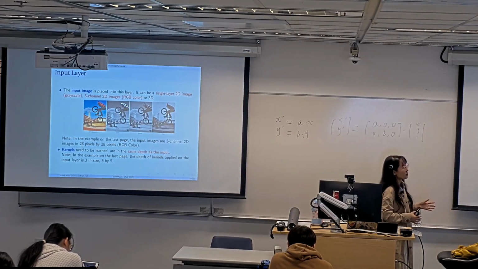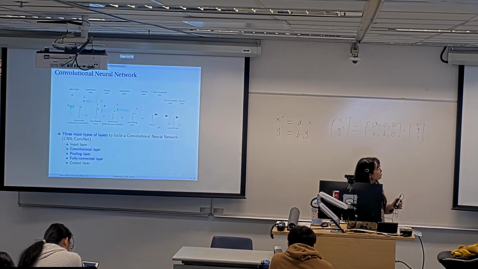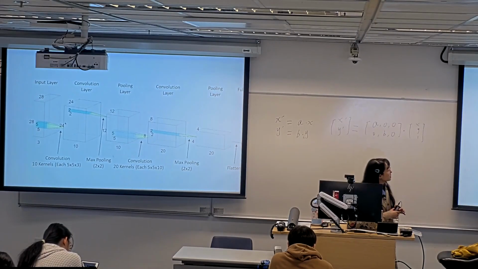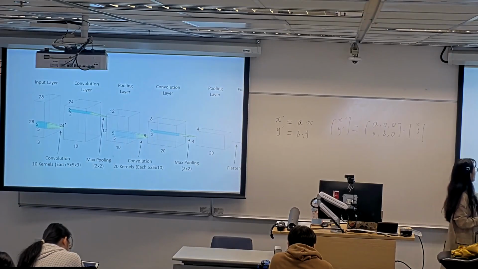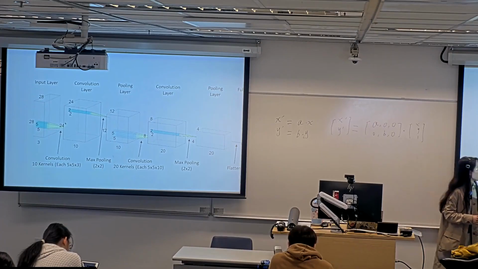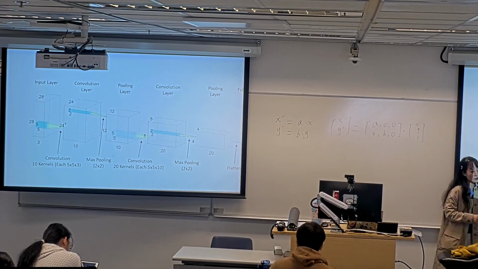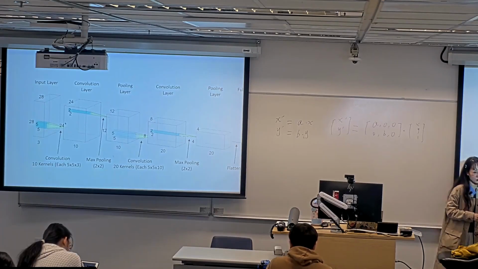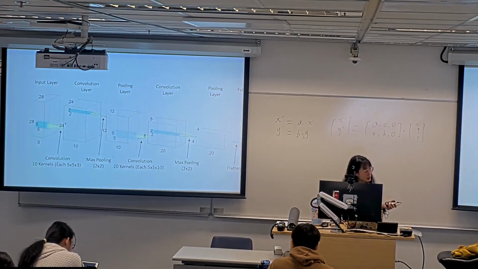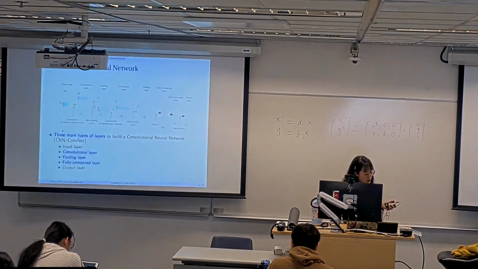In the example here, for the first convolution layer, we apply 10 kernels, each with size 5 by 5 with depth 3. The depth 3 must be the same as your input depth. So these are the kernels in the convolution layer.